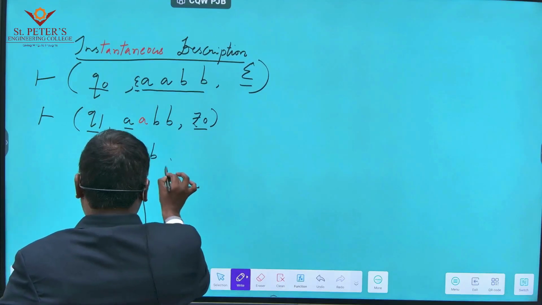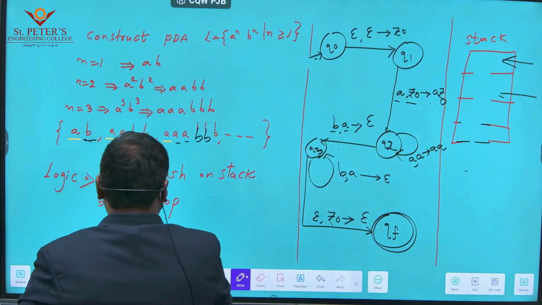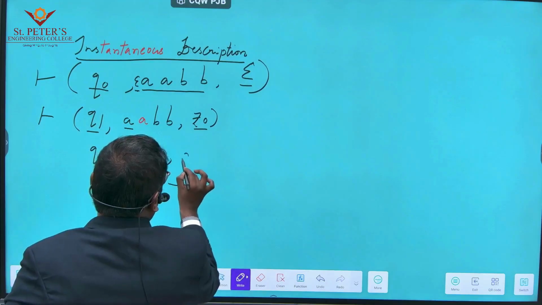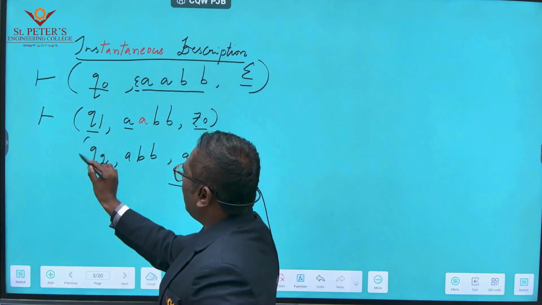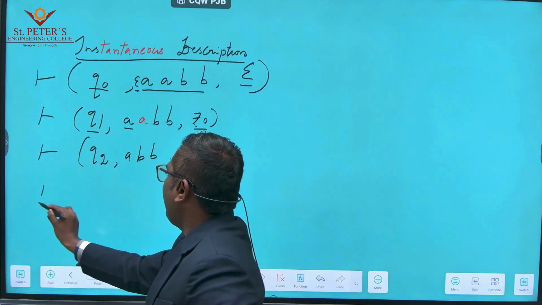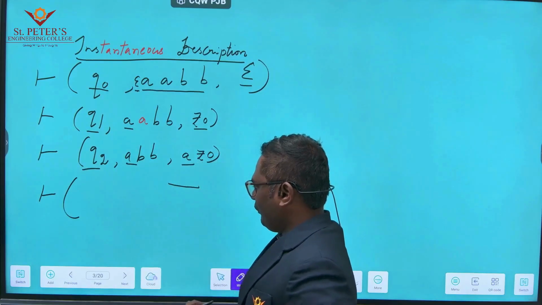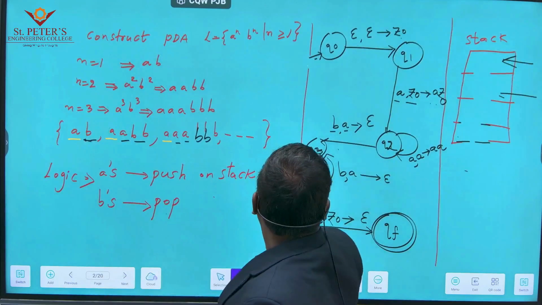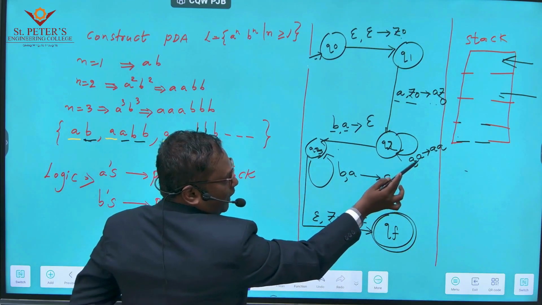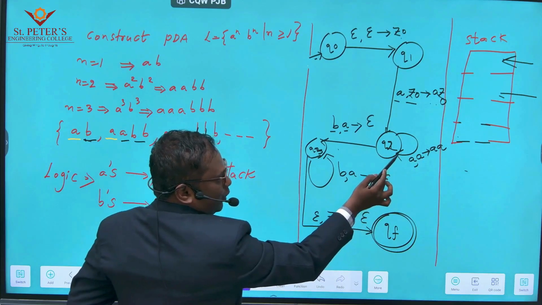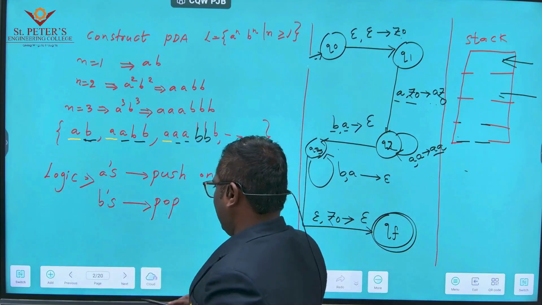Now what action am I going to perform here? Pushing operation. So along with Z0 I am going to add A. Now Q2, A and A. For the Q2 state, if you are giving A as input and A is the top of stack, you are still in the Q2 state and you are pushing that A onto the top of the stack.